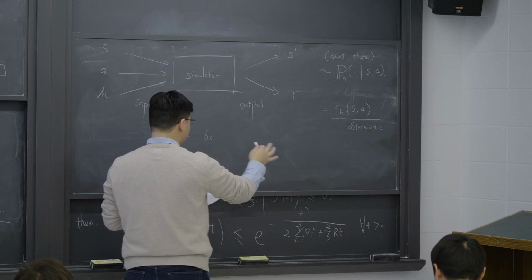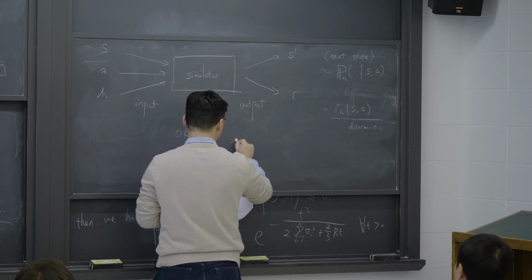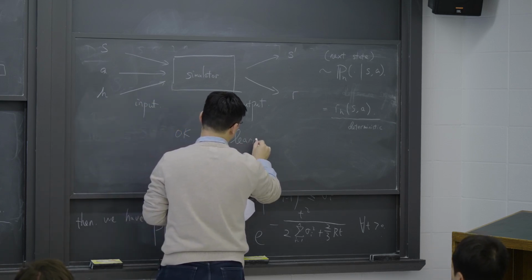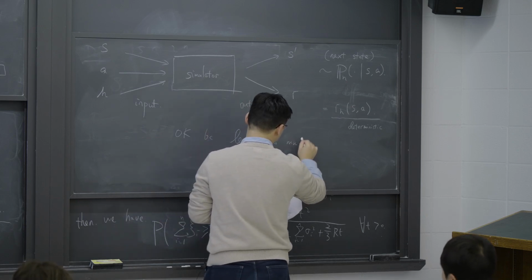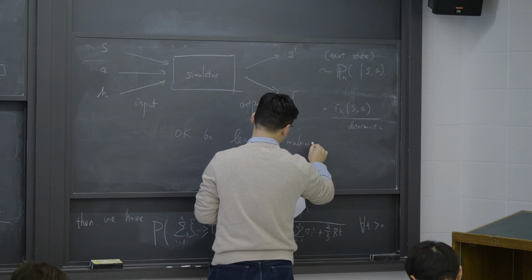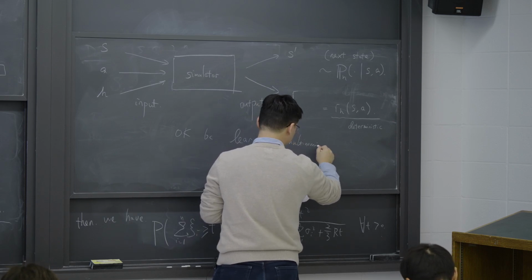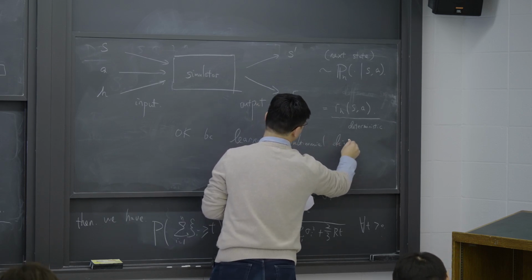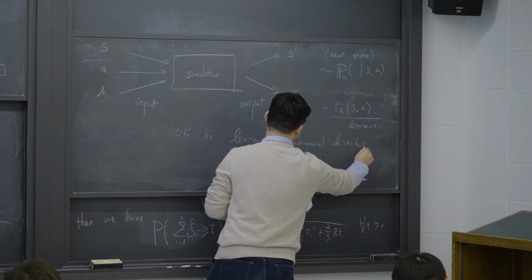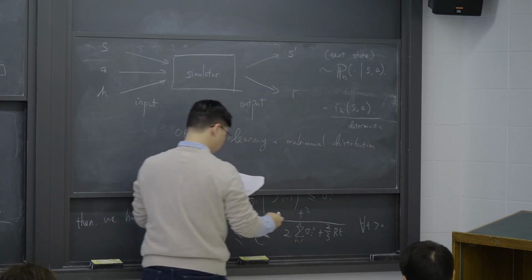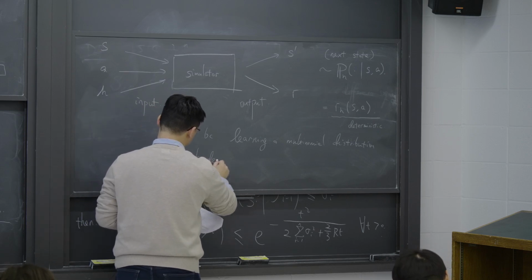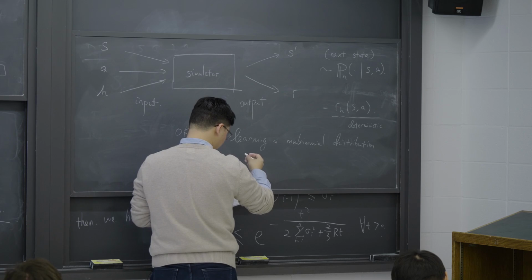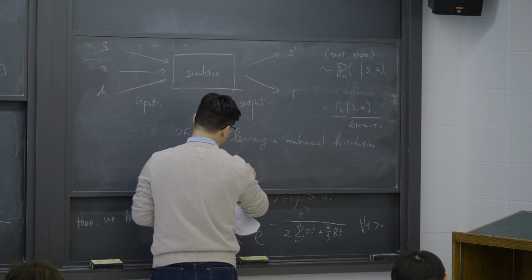And assuming it's deterministic is okay because in general, learning a multinomial distribution is harder than learning the expectation of a scalar random variable.